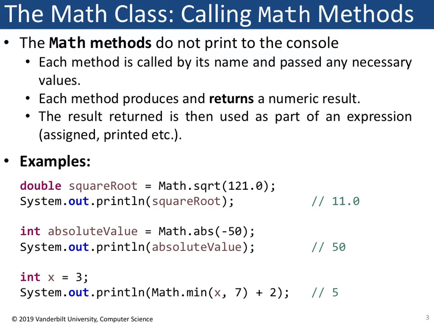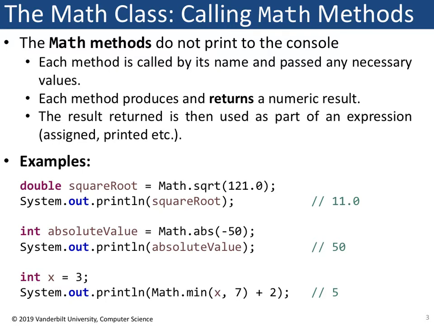So similarly, we have down here using the absolute value method, which is part of the Math class. So we take the absolute value of negative 50. That returns the value 50, and it's an integer return.